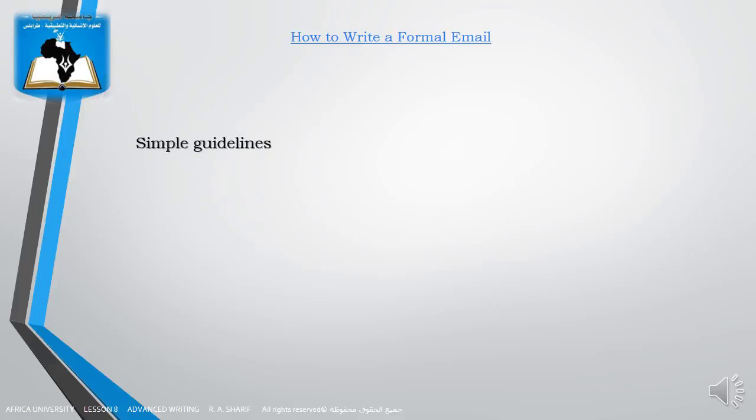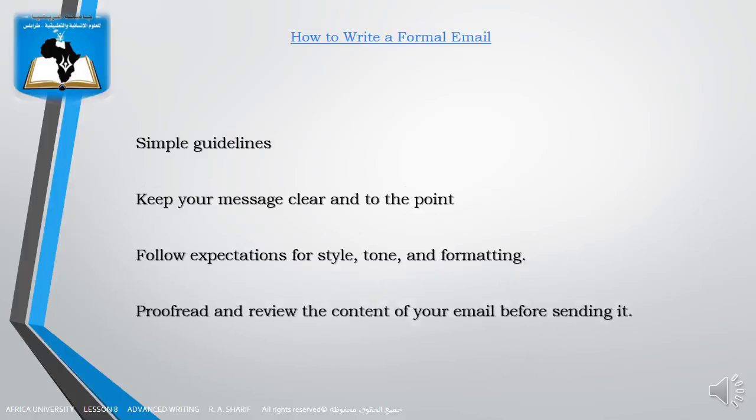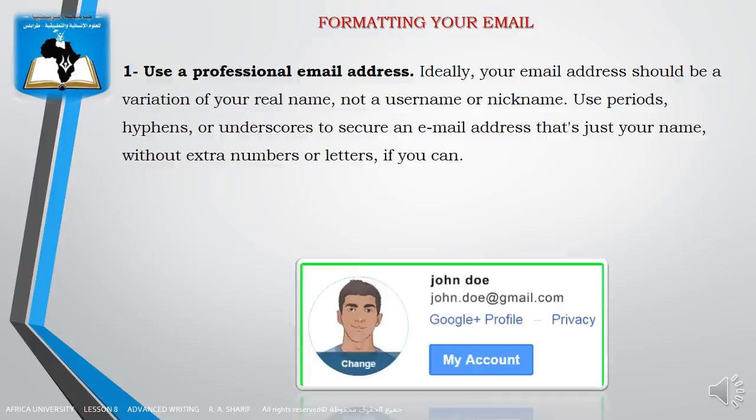So you need to keep your message clear, to the point, and follow expectation for style, tone, and formatting. Finally, you need to proofread and review the content of your email before sending it. Formatting your email.